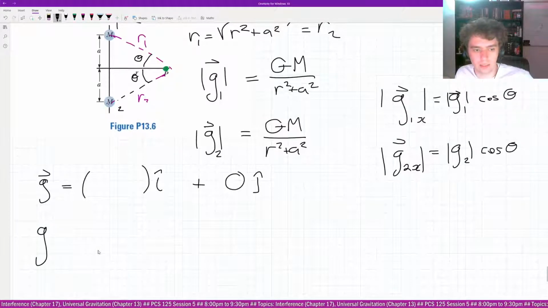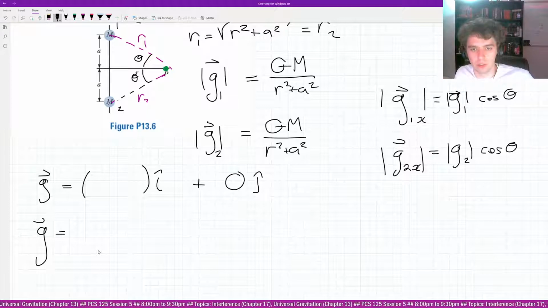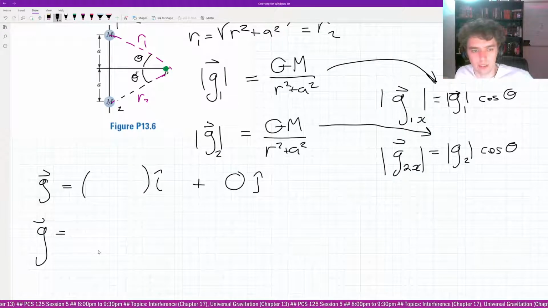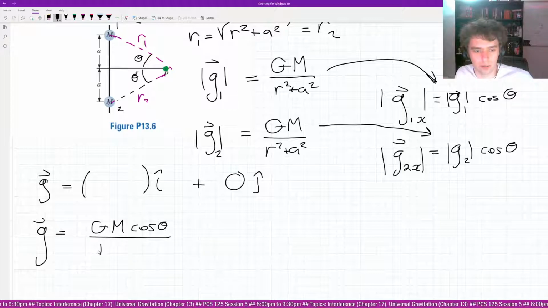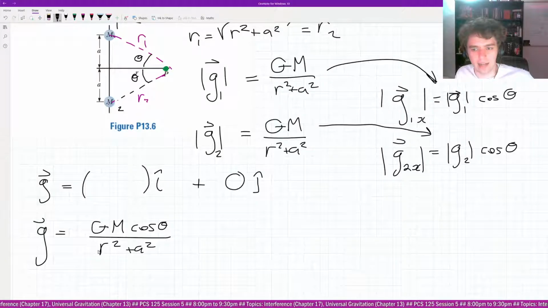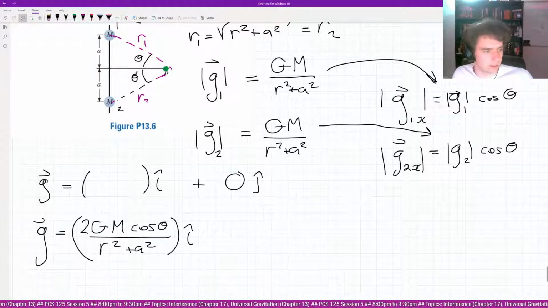So the x component that I'm going to get is the sum of these two. I'm going to plug this in there and this in there. It's just going to be Gm cos theta over r squared plus a squared, and it's just that added again. So it's just 2 times that. And that's the vector.